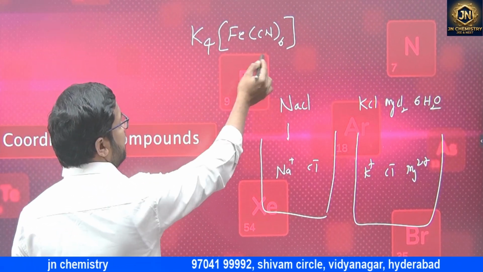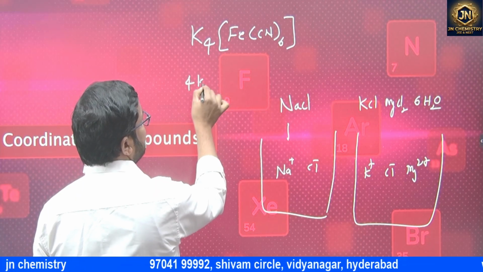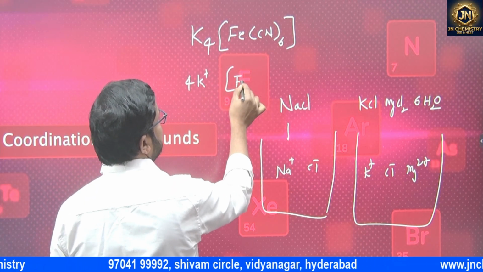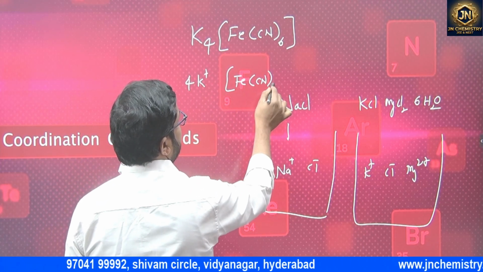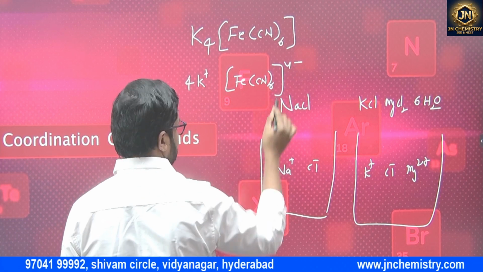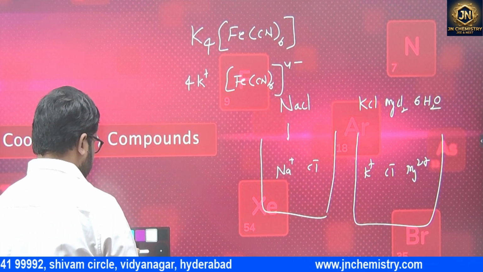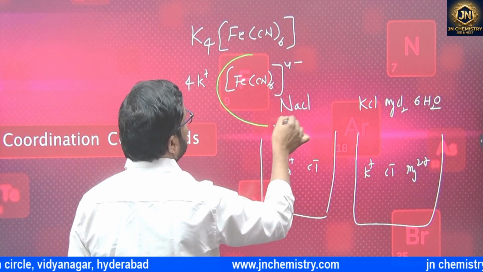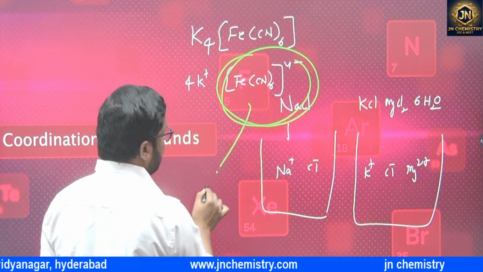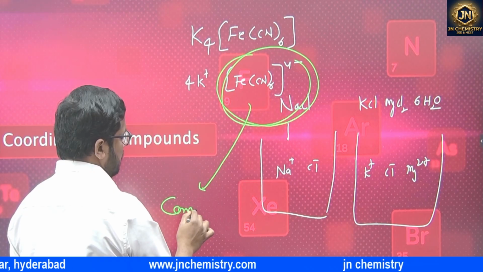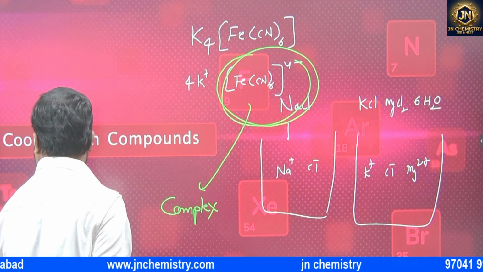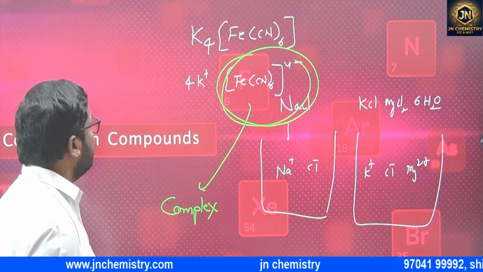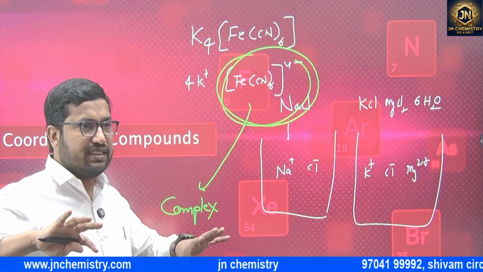This is a complex, right? 4K plus and [Fe(CN)6] 4 minus. Try to understand here. This is particularly a complex compound. Complex compound means that the complex part does not dissociate.